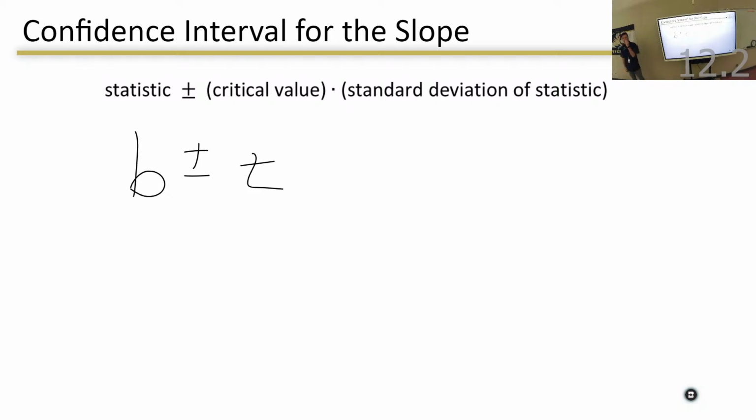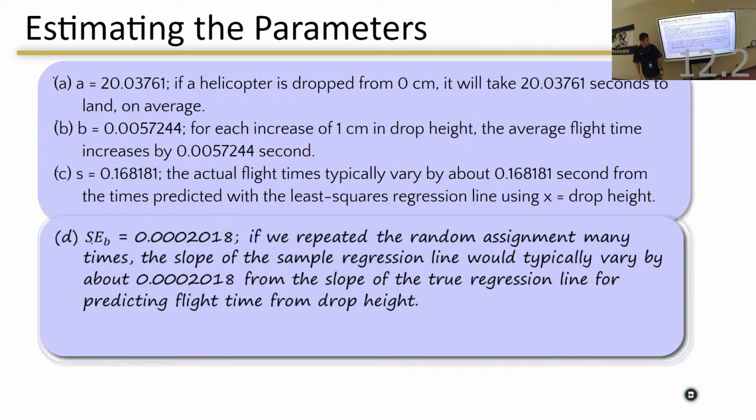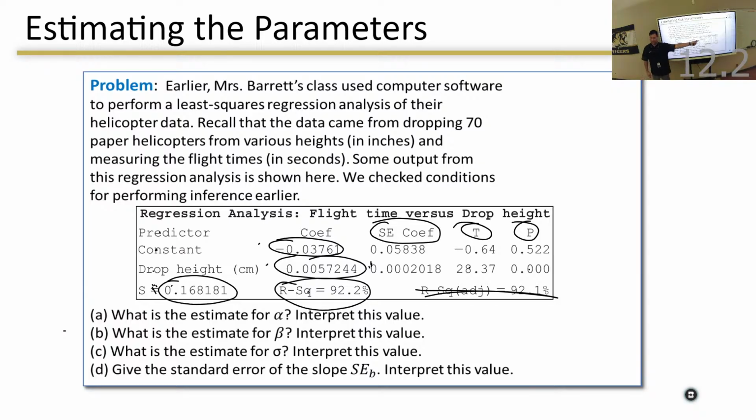Now, this is the point where I got to make sure you guys understand, and I had a big discussion with 0 Hour about this because they asked a great question. This t right here is the critical value. That is the test statistic. Those are different, right? They are different.